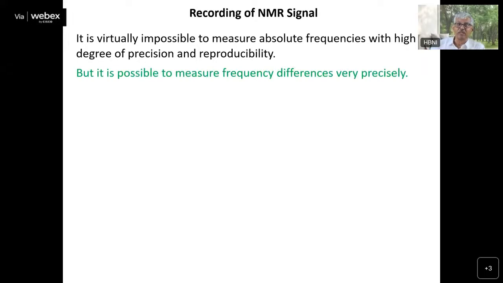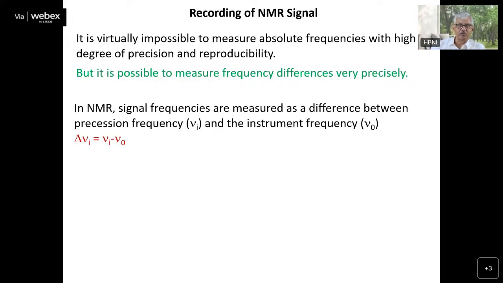But it is possible to measure a frequency difference very precisely, by taking another frequency and subtracting. In NMR, the signal frequencies are measured as a difference between the precession frequency of that nucleus and the instrument frequency nu zero: delta nu I equals nu I minus nu zero.